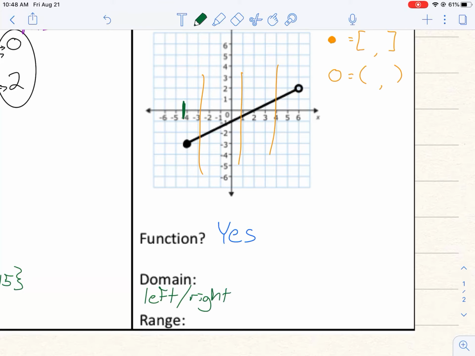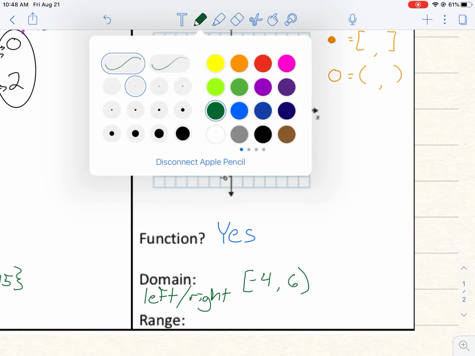So my farthest left point is -4, and my farthest right point is 6. And this had a closed dot, so that is a bracket. And then here I had an open circle, so it's a parenthesis. So my domain is bracket -4, 6, parenthesis.